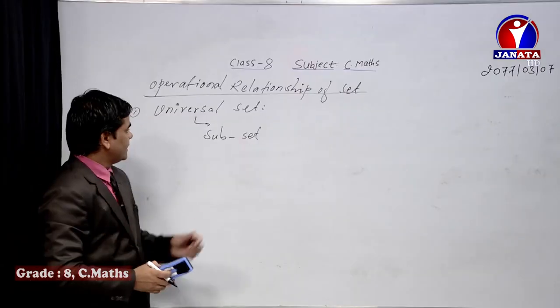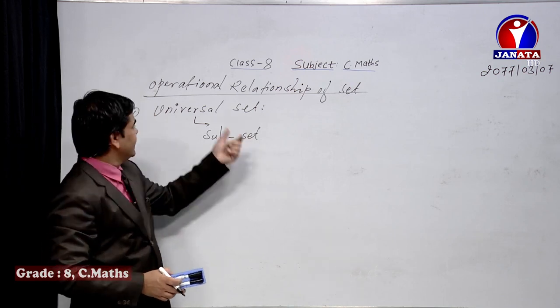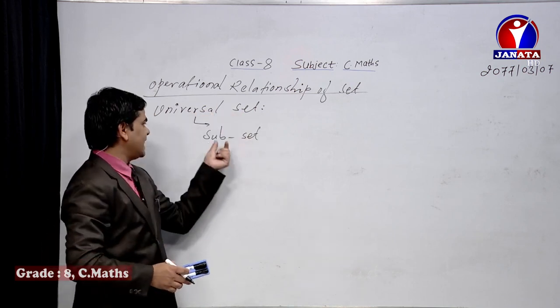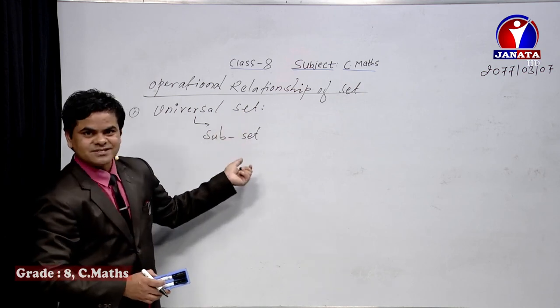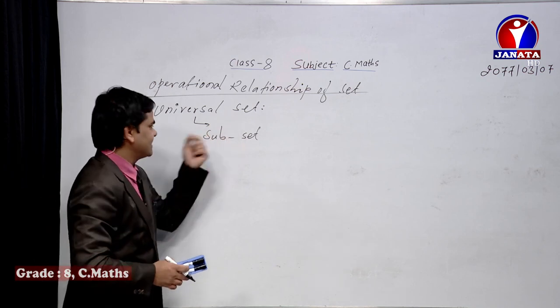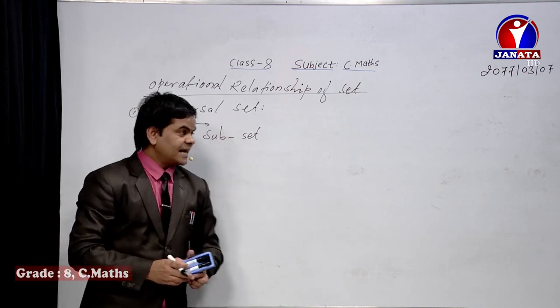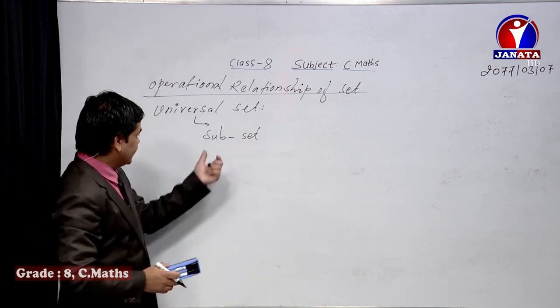Subset is just a deputy of the set. Universal is a set, and if we create other sets by taking elements of this set, those are subsets. Like division, subdivision, category, subcategory.